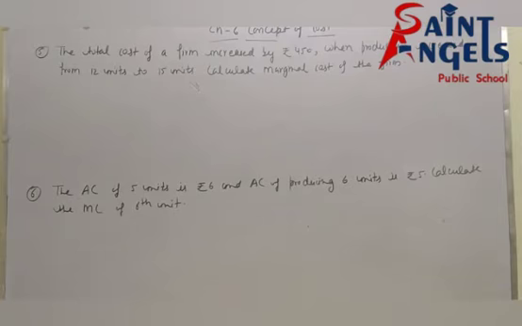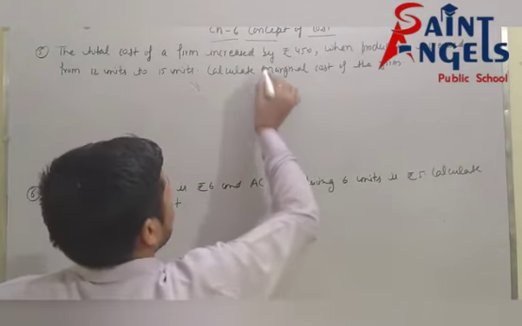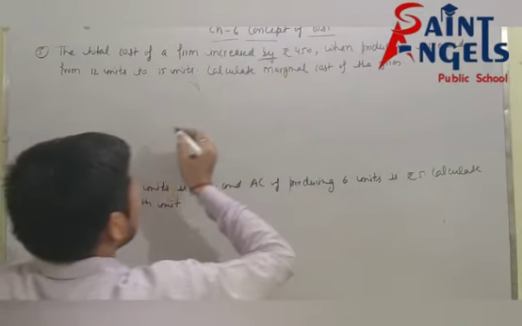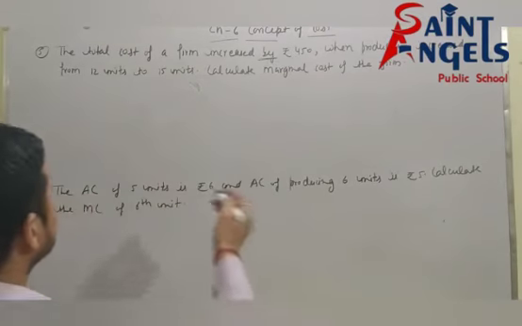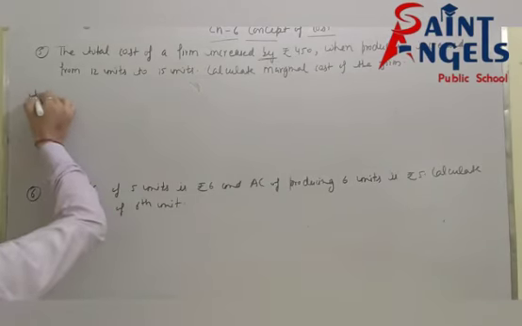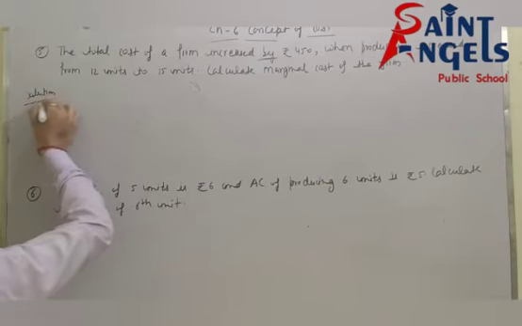See question number 5. The total cost of a firm increased by rupee 450. "Increased by" means delta, or you can say change. So how will you solve this question?